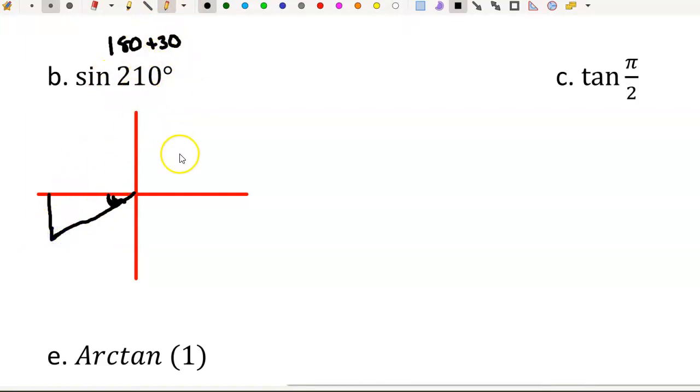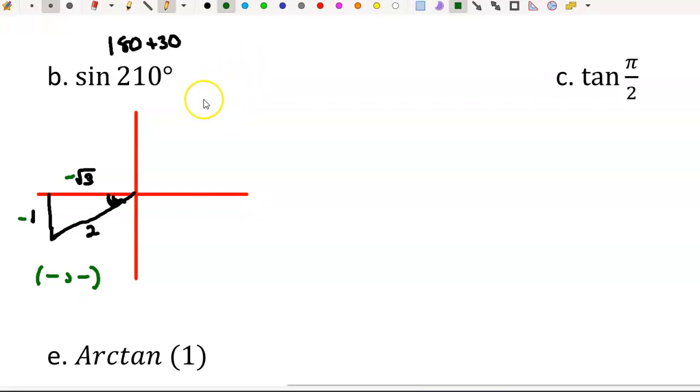Let's see here. What was the most common mistake when these problems were being done? Anybody recall what it is? So what is wrong with what I just did? You got it? Yeah, that's the most common mistake. So we're in quadrant 3, so that's where both sine and cosine, x and y, are both negative. So if you remember that you take care of 90% of your issues that you have with these types of problems.